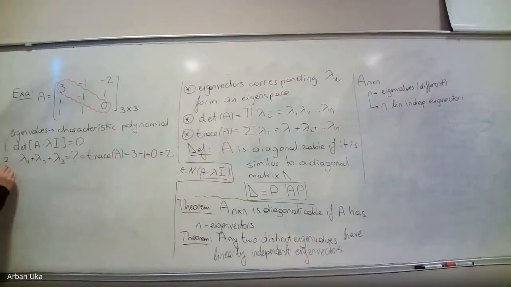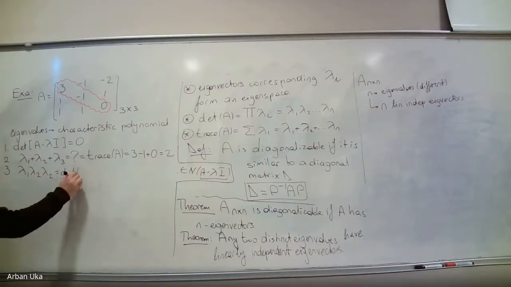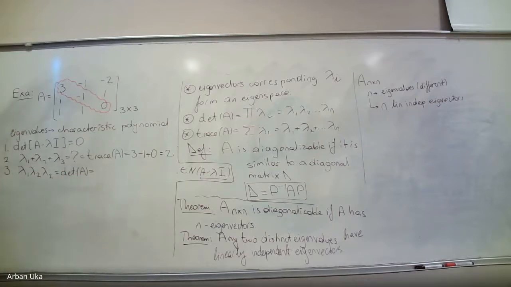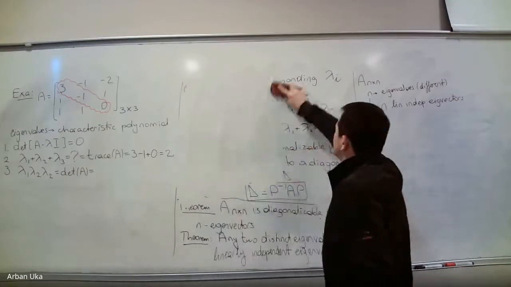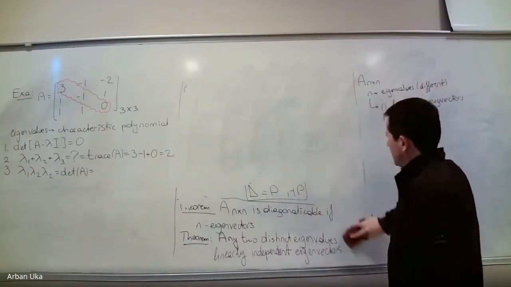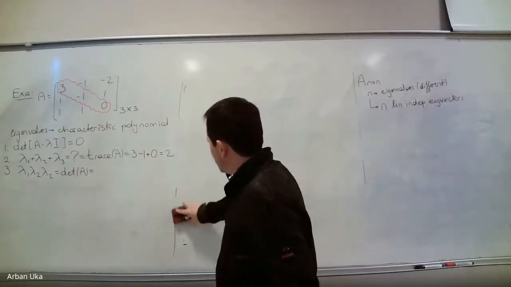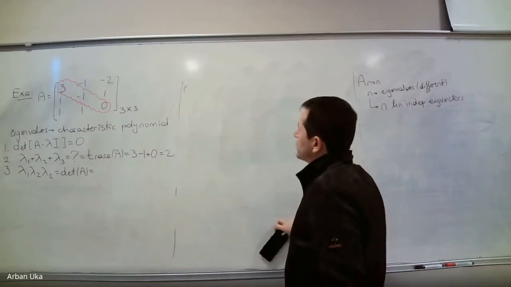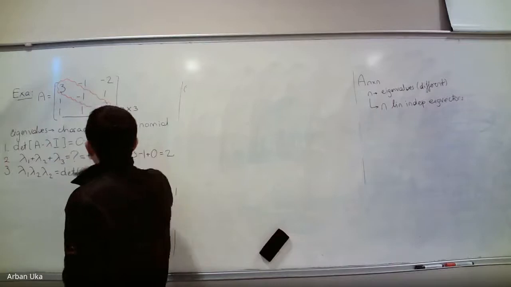Another relevant relationship which might help us to determine the eigenvalues is the following. The product of the 3 eigenvalues will be equal to the determinant of A. Regarding the determinant of A, we can do the expansion using any row or any column. It could be a good choice to pick the third row.